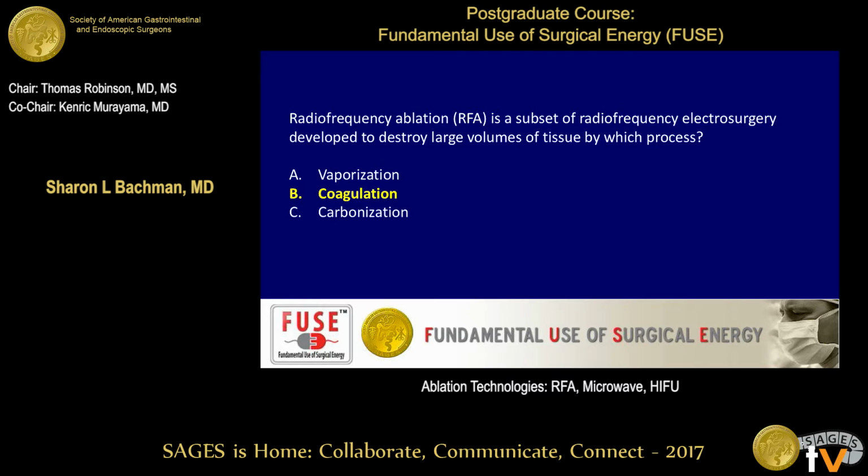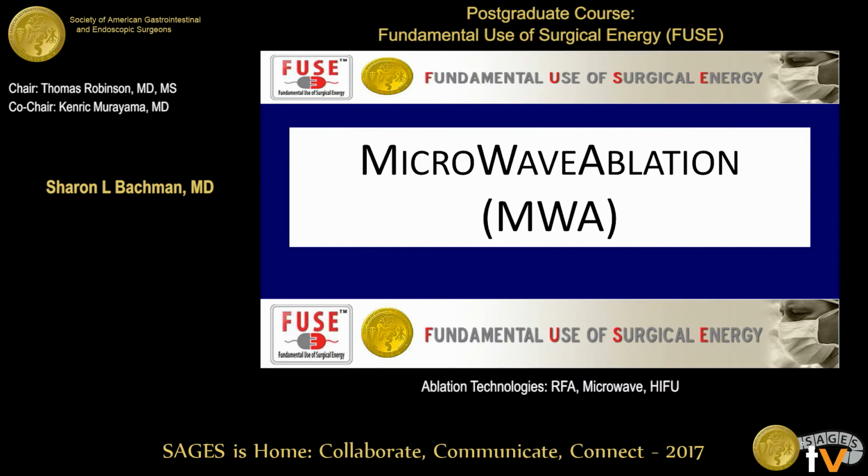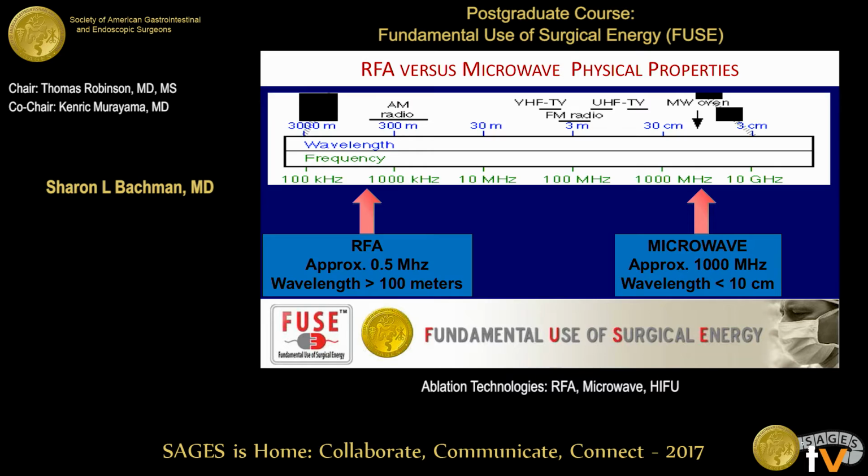Okay, we will very quickly talk about microwave ablation. So, microwave is not radiofrequency energy, right? In radiofrequency energy, it is the alternating current that is going through the cells. In microwave, it has a much shorter wavelength than radiofrequency ablation.